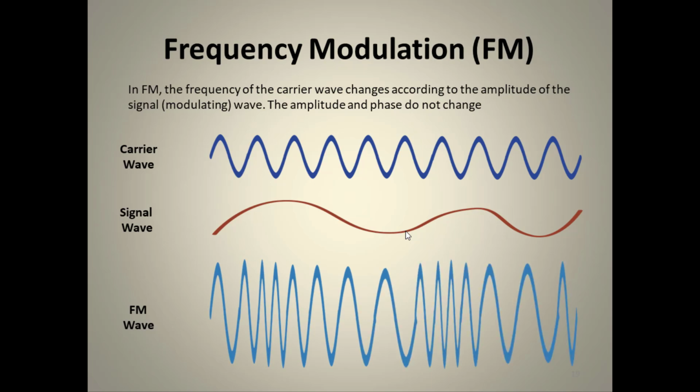In those regions where the signal wave has high amplitude, the waves are compressed, and where the signal wave goes down to negative amplitude, there are rarefactions, so they spread the FM wave. The diagram below is the FM wave.